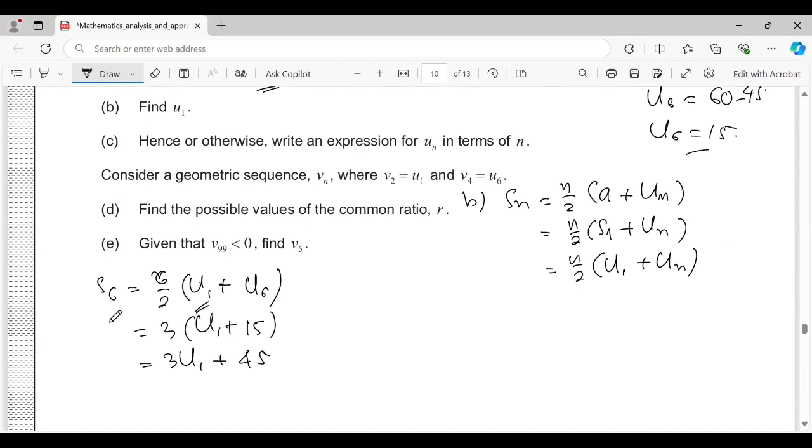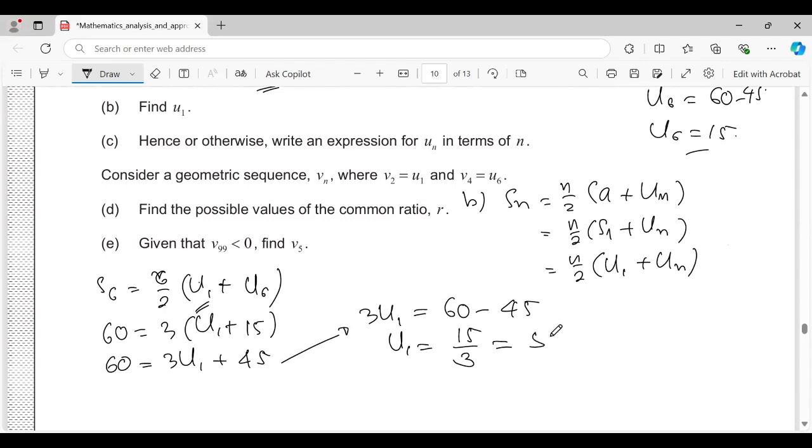And S6 is 60. Okay, so 3 U1 is 60 minus 45. So U1 is 15 over 3. So U1 is 5.